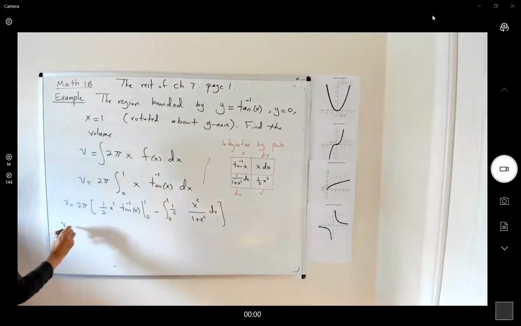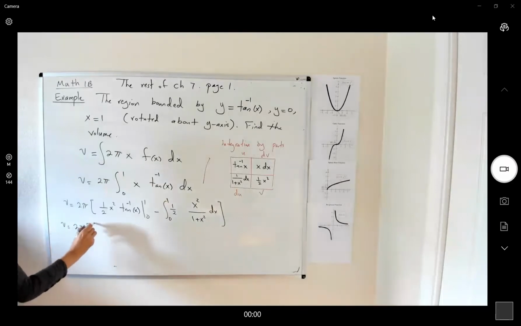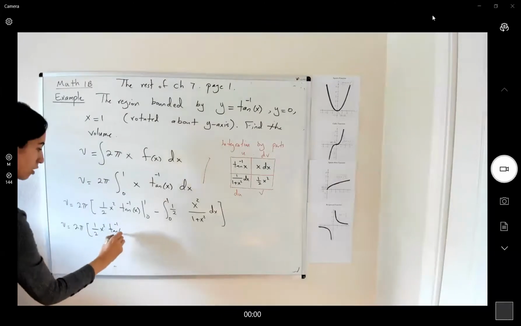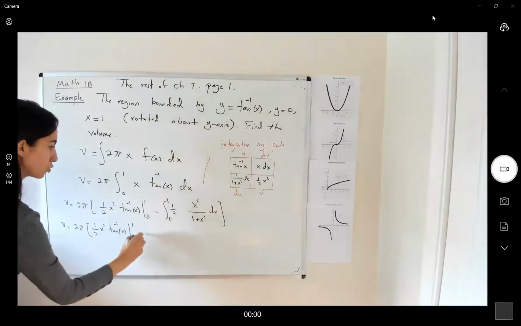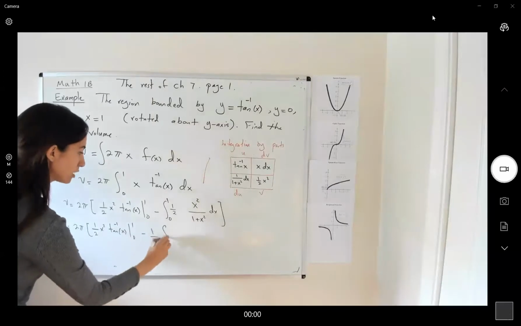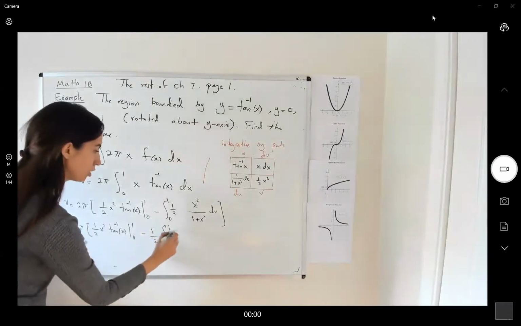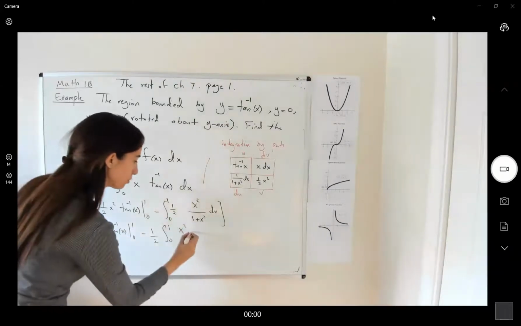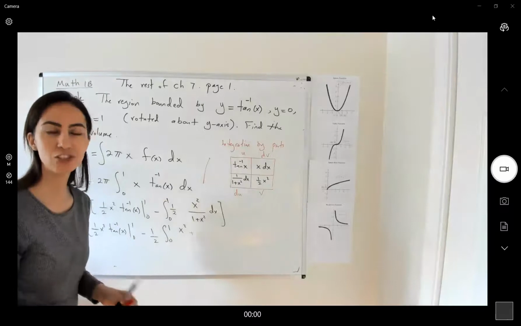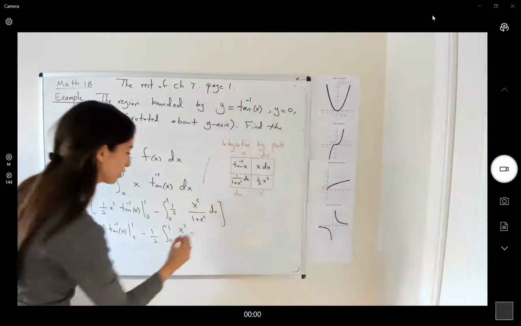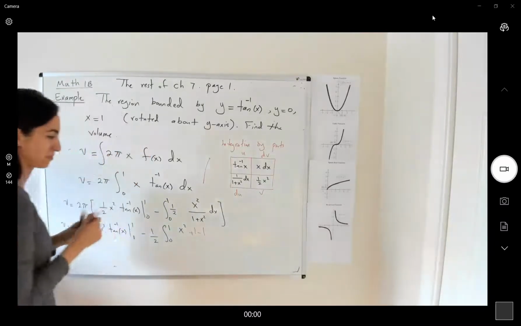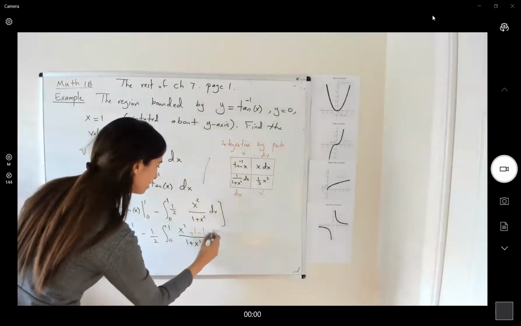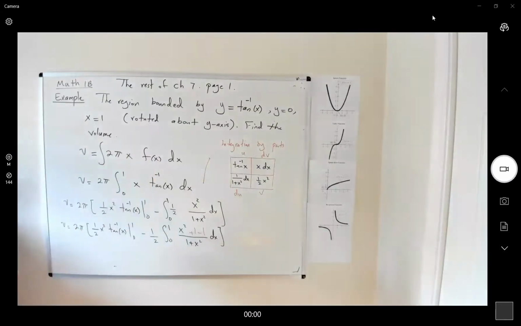So V is equal to 2 pi, a half x squared inverse tangent of x ranges between 0 to 1, minus a half the integral 0 to 1. I'm going to add and subtract 1, or again you can do the long division, you get the exact same result, divided by 1 plus x squared dx.